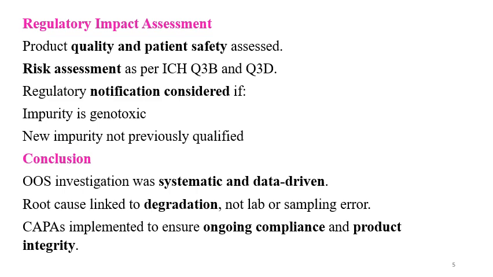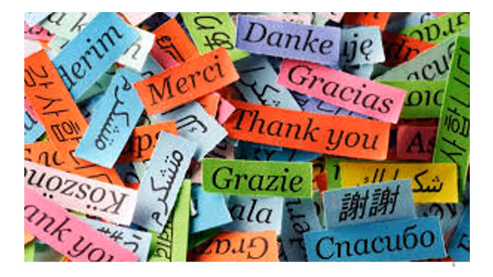There was an OOS, there was no lab error, so retesting was also done. DMR and BPR were reviewed and it was found that the impurity was a degradant, because of the higher temperature during storage or manufacturing, and then the CAPA was taken. So this is the idea for the OOS in the impurity and for the CAPA.